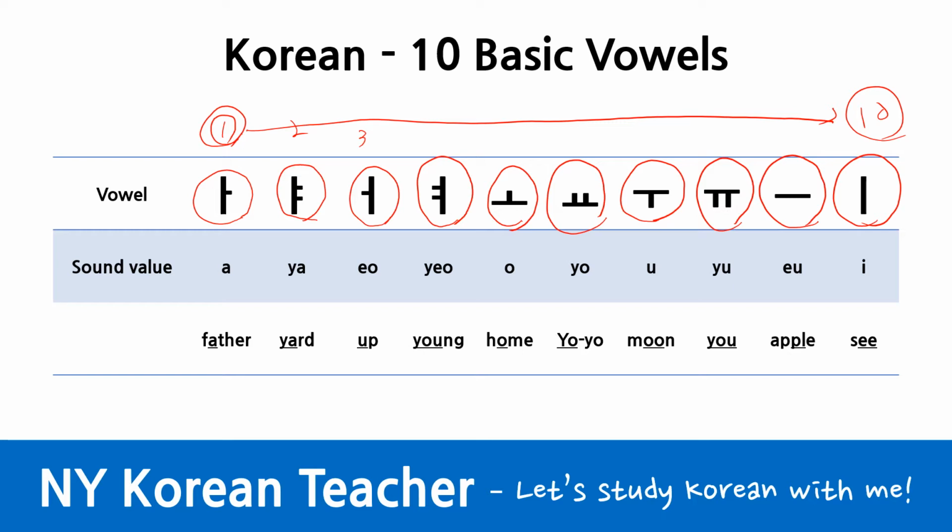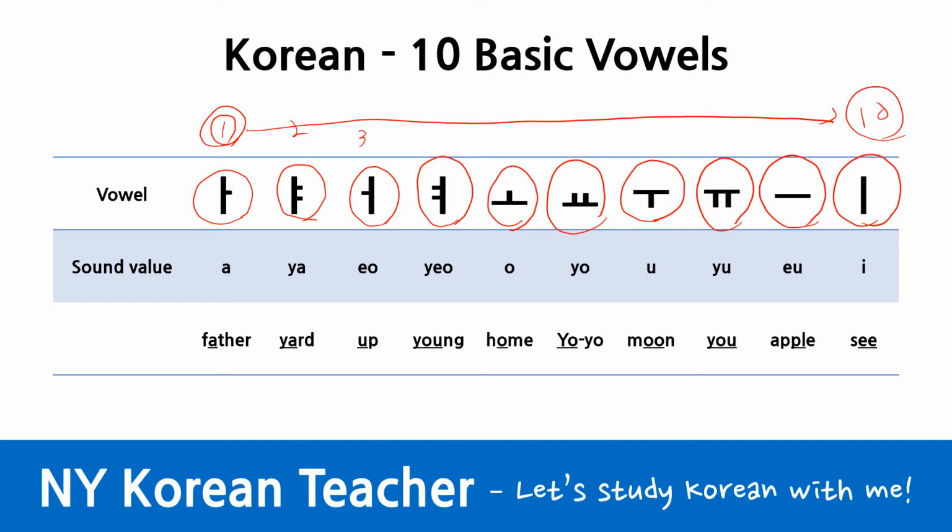I'm gonna make a little short chant for you. It will be helpful to memorize all basic vowels here. Okay, like this. 아야, 어여, 오요, 우유, 으이. Alright, 따라하세요. 아야, 어여, 오요, 우유, 으이.